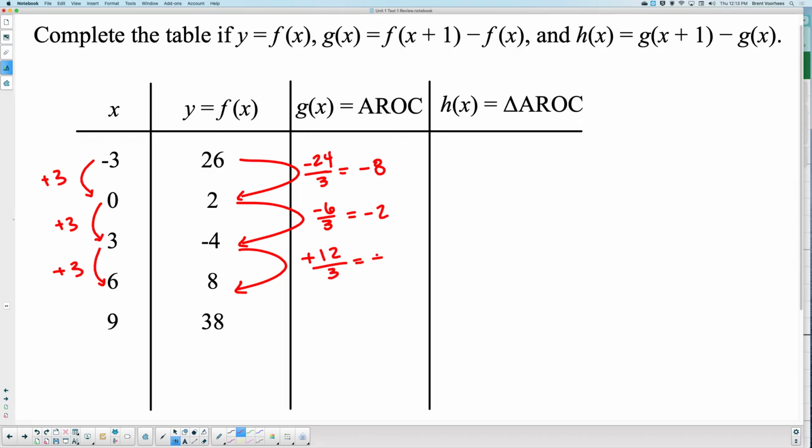So it's positive 4. And then what about from here to here? Plus 30. And from here to here? Plus, dividing by 3. What is 30 divided by 3? 10.